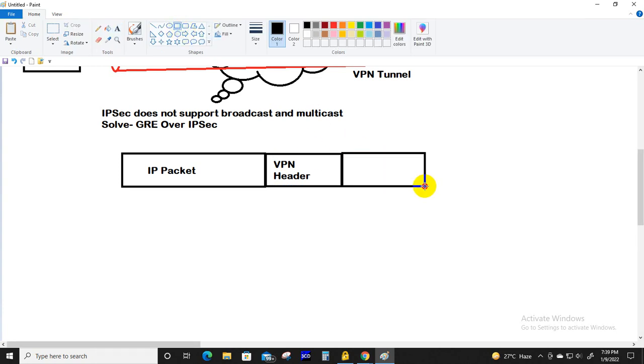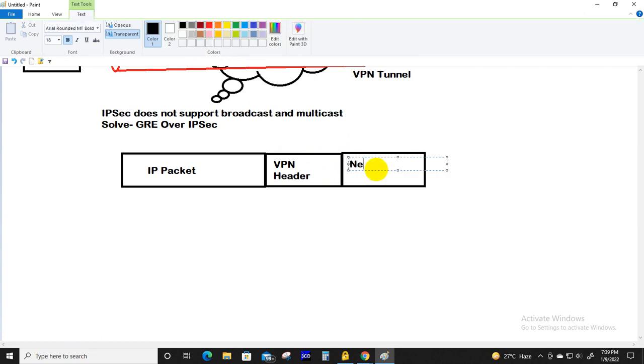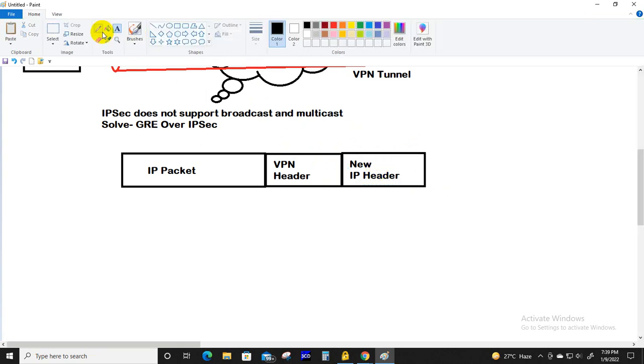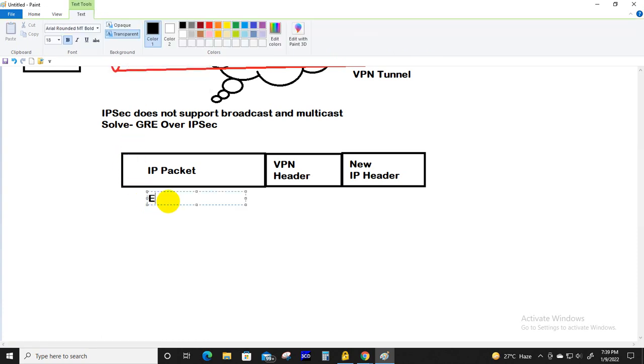And this is the new IP header. And this IP packet must be encrypted.